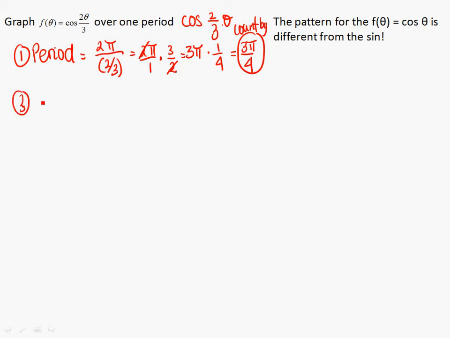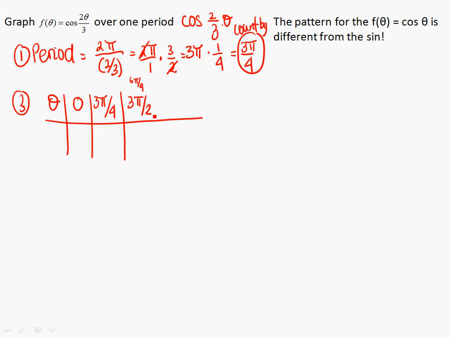So I'm sort of on step 3, and the table is going to look similar, but different. It still starts at 0, but what am I supposed to count by? 3 pi over 4. Okay, so plus 3 pi over 4 is 3 pi over 4. And then I get 6 pi over 4, but 6 pi over 4 reduces, doesn't it?